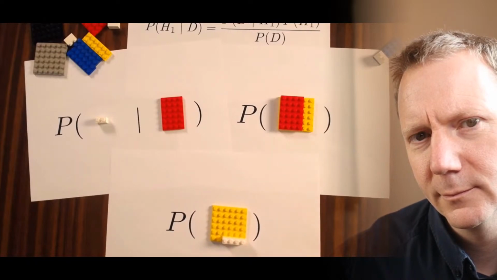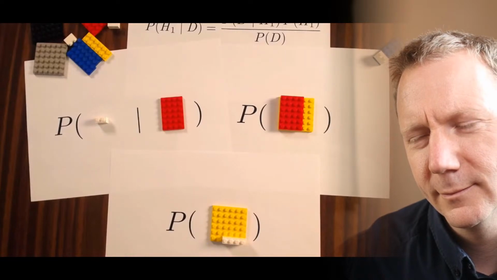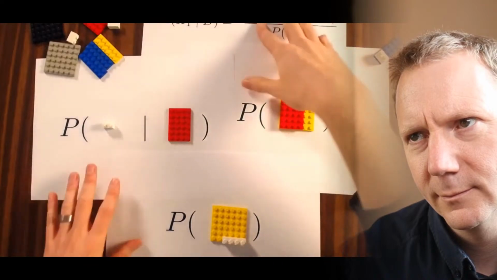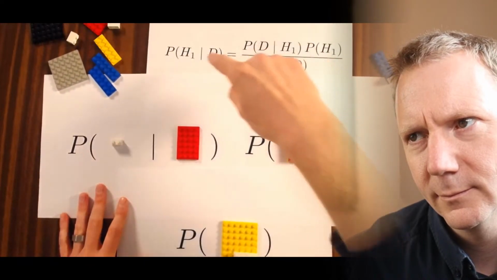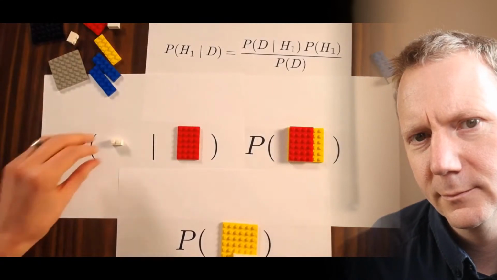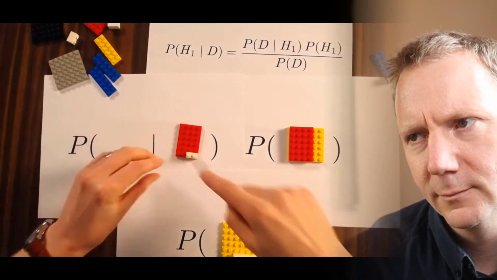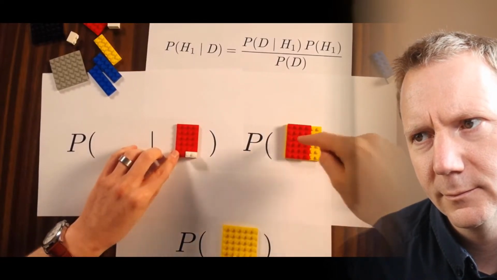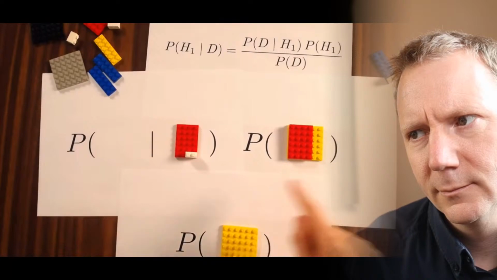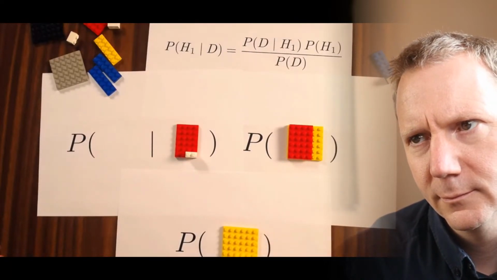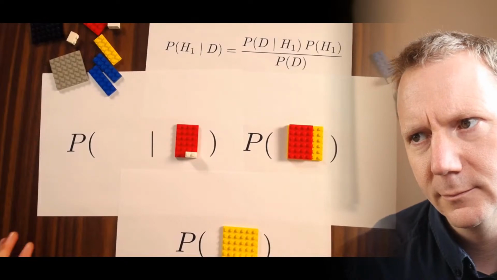Now we have, in fact, everything that we need to calculate the probability of the hypothesis given the data that we have. And we can calculate this probability as follows. 2 over 24 multiplied by 24 over 36 divided by 4 over 36, which is going to equal 0.5.